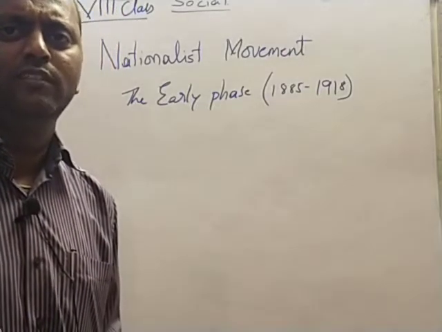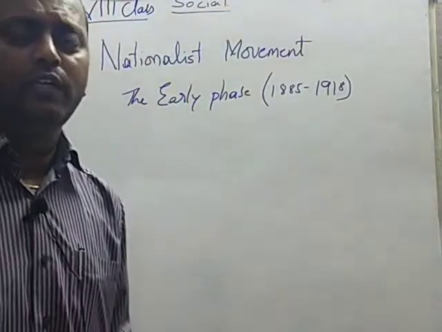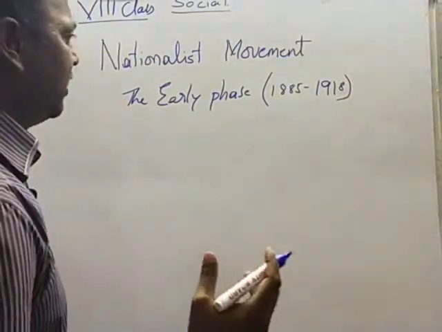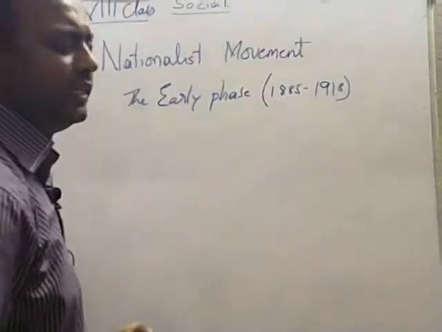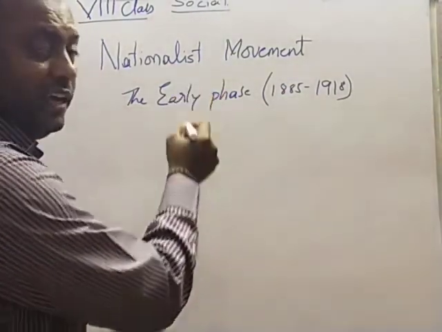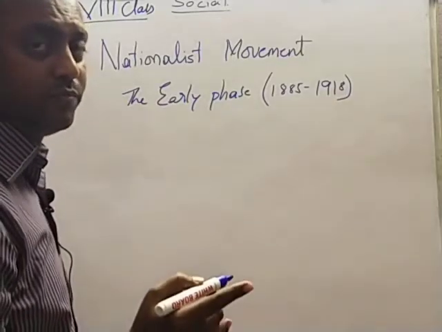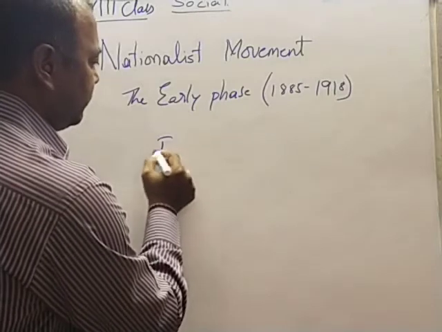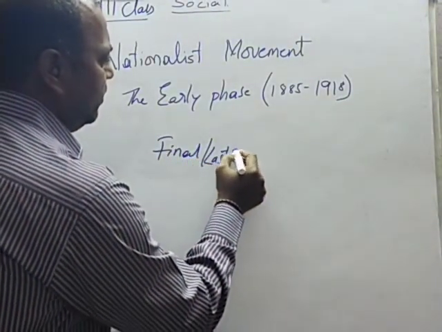The Indian nationalist movement is a very lengthy movement. We shall read about the early phase, from 1885 to 1918, and this is unit 11A. The unit is 11A, and we even have 11B. That is also the nationalist movement, but that was the final phase, or the last phase, as we call it.